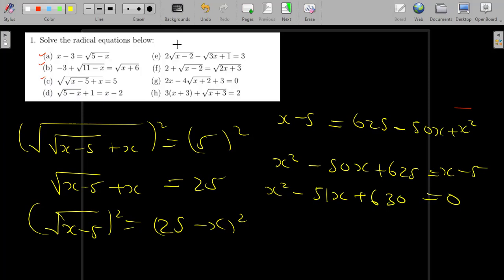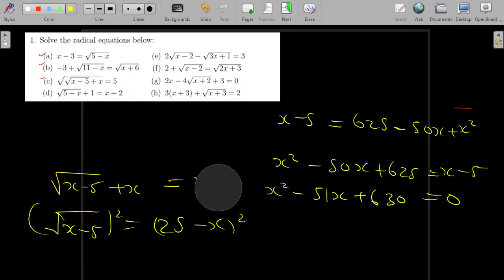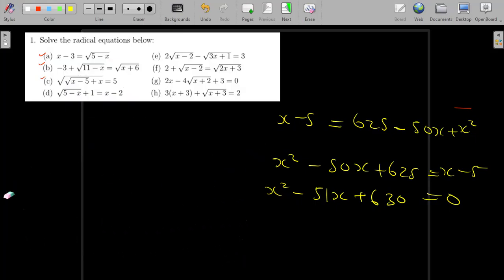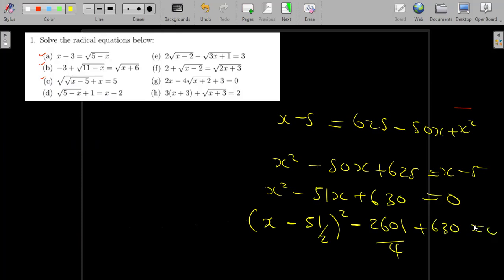All right, so we'll do the same here. Complete the square, see if that works. Okay, so completing the square here, I'll just have x half there, that would be 51 over 2, then square, and I square my 51, this would be minus 2601 over 4, then you have your plus 330 equal to 0, so that there gives me what?